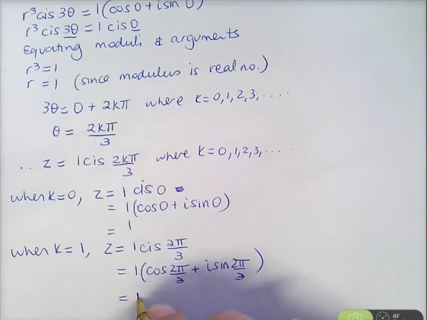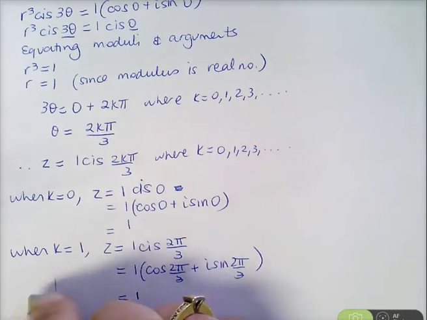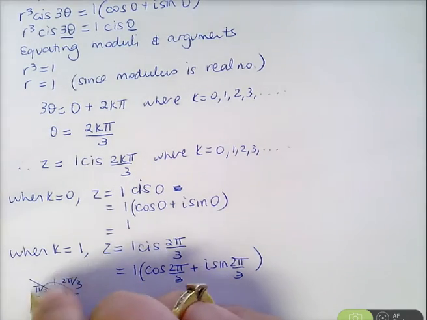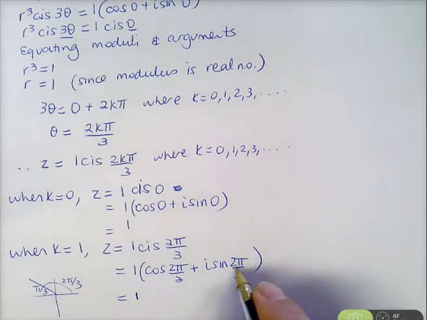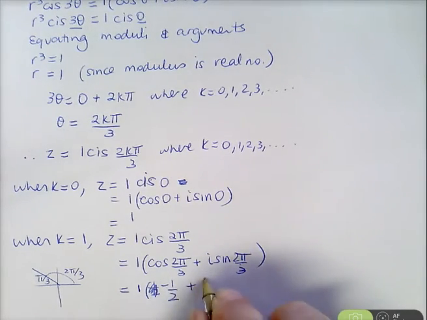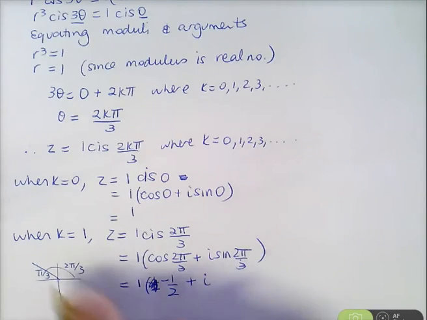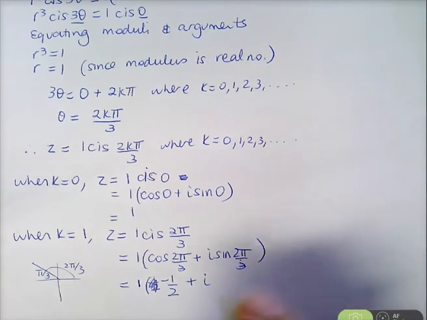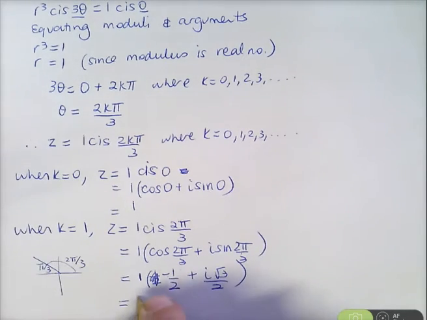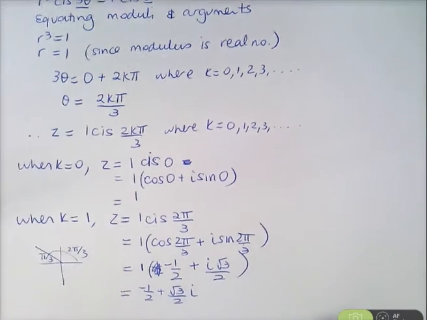If I draw a quick 2 pi on 3, there's pi on 3 in there. In quadrant 2 cos is negative, but sine is positive. So we get 1 times negative a half plus i times sine of 2 pi on 3. Sine of 60 is root 3 on 2, so plus i root 3 on 2. Therefore it's negative a half plus root 3 on 2 i. That's when k is 1.